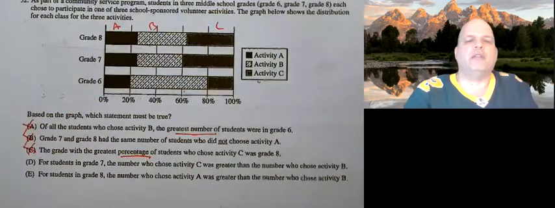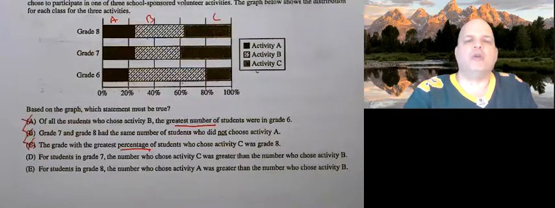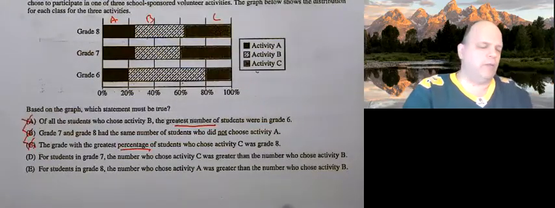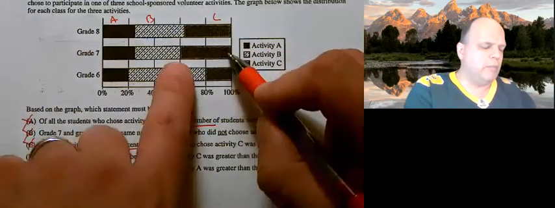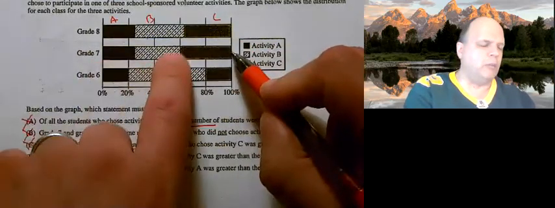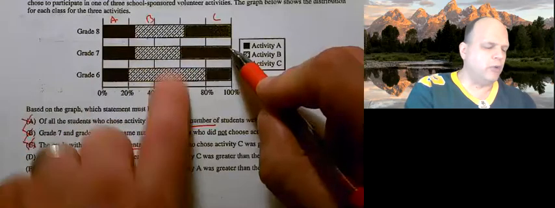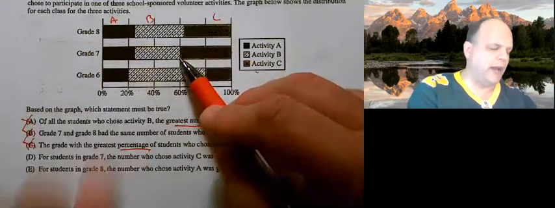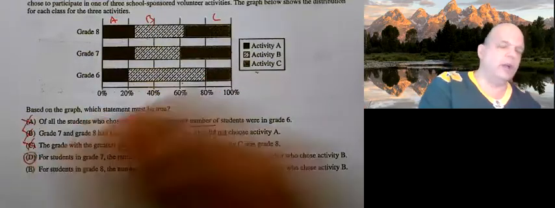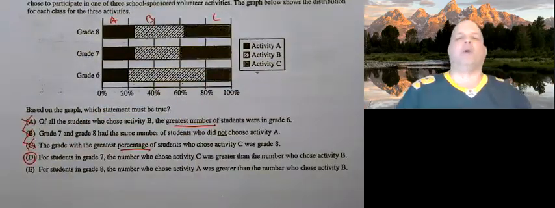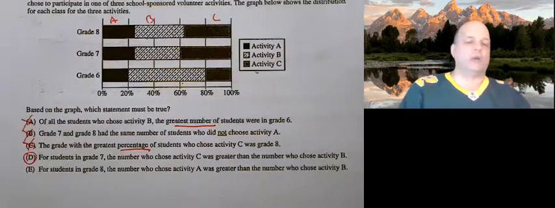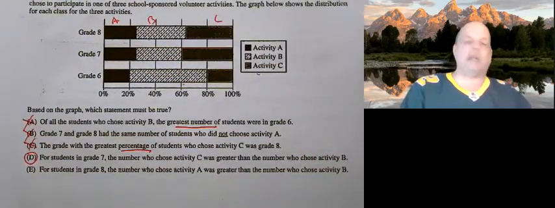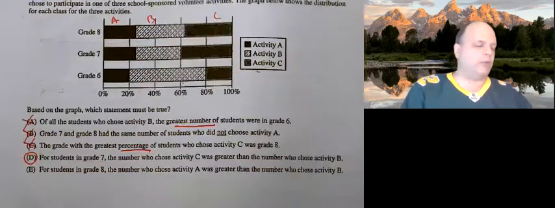For students in grade 7, the number who chose activity C was greater than those who chose activity B. Because we're only looking at one column, this proportion who chose C is greater than those who chose B for that. Consequently, we can say that because we're within one column. As we're looking at one column only, we can talk about the number. We cannot talk about numbers when we're going across multiple columns.